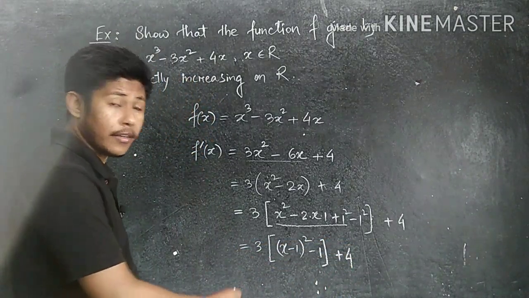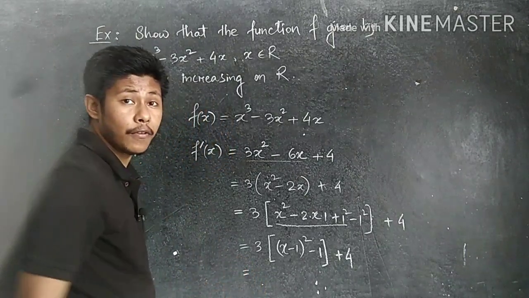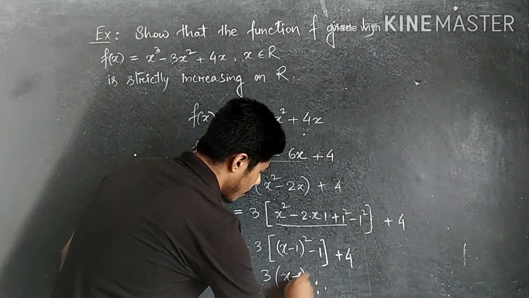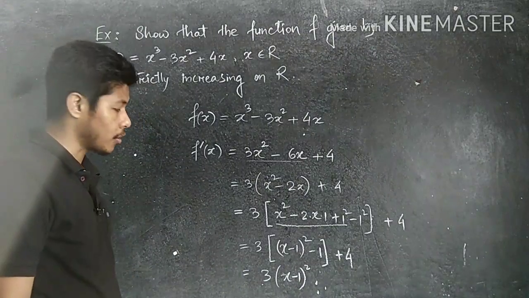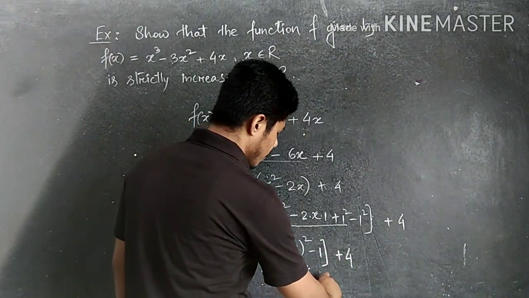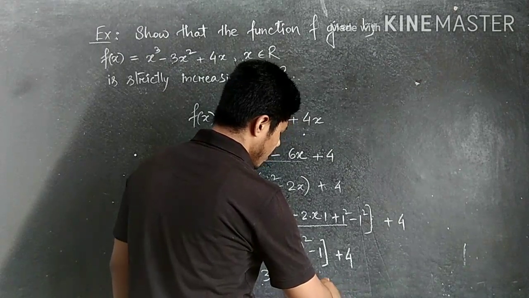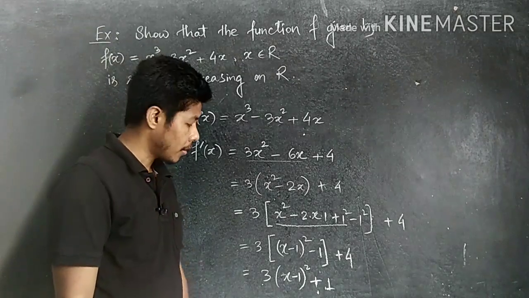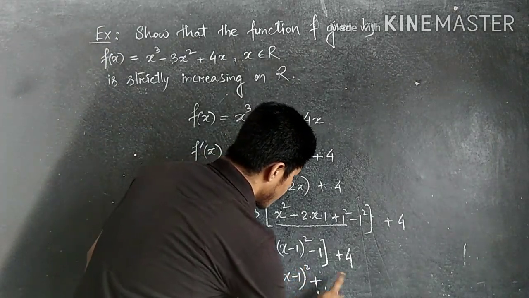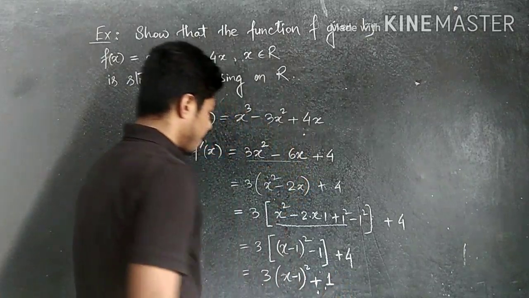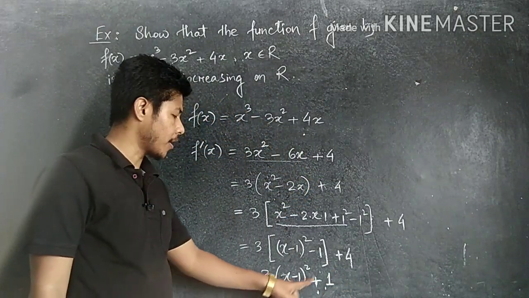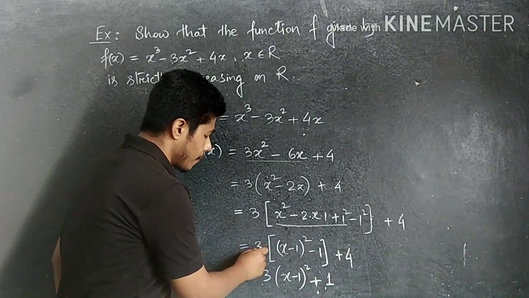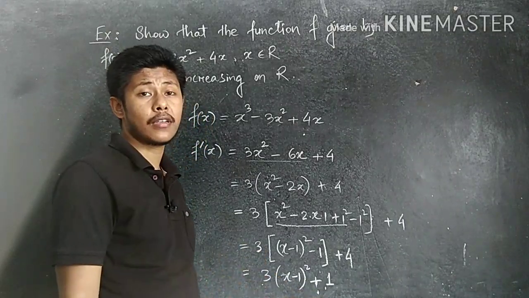So what we have to write here, this result equals 3 into x minus 1 whole square, and 4 minus 3, that means plus 1. Is it clear? So this one we get here: 3 into x minus 1 whole square, minus 3, and 4 minus 3, that means plus 1, we get this result.